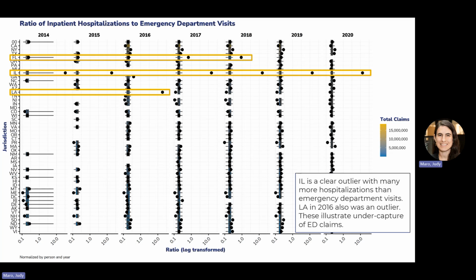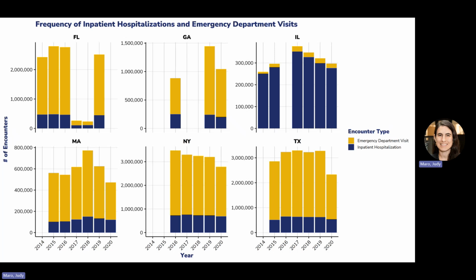And this is a red flag for us because this might illustrate undercapture of emergency department claims or missing emergency department visits in these data. So this is showing you those particular jurisdictions so that you can contrast what jurisdictions look like where there might be, again, these outliers.